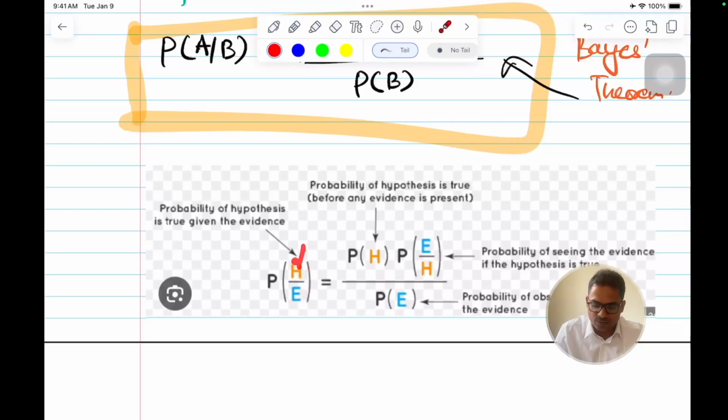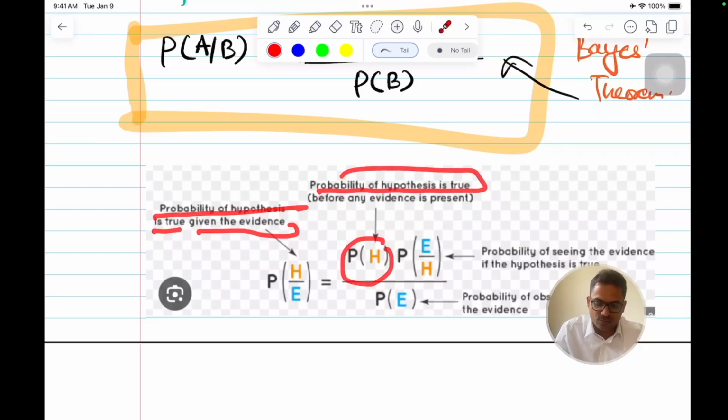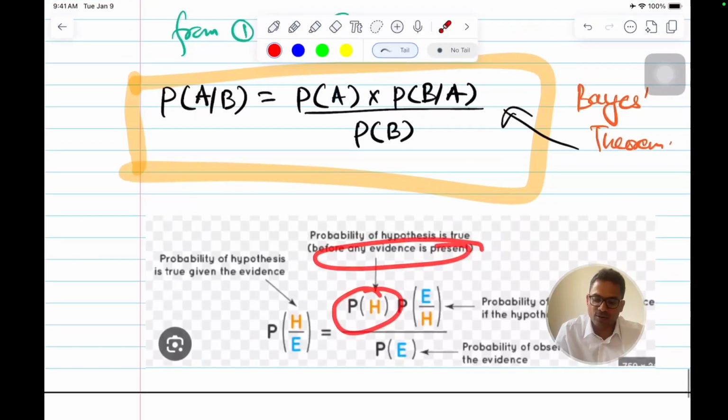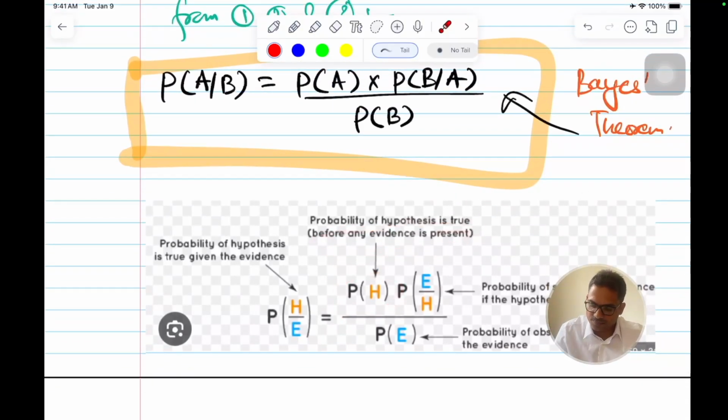So probability of hypothesis given evidence. So this is your A, this is your B, and then this formula. Probability of hypothesis is true given the evidence is given by probability of hypothesis is true before any evidence is present. Before any evidence we have, this is the probability that we had, like 1/6 in the earlier case.